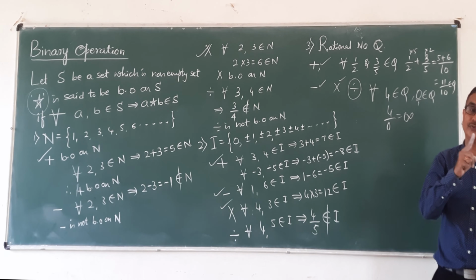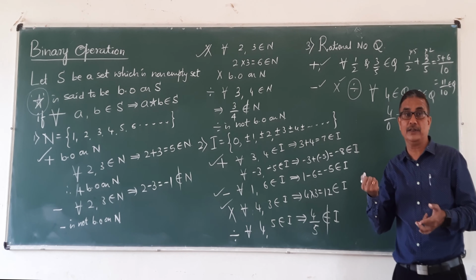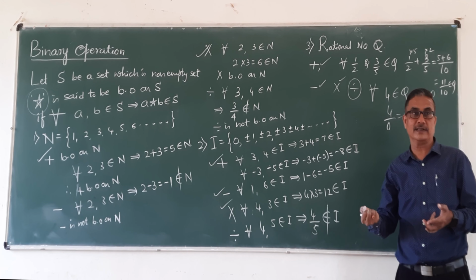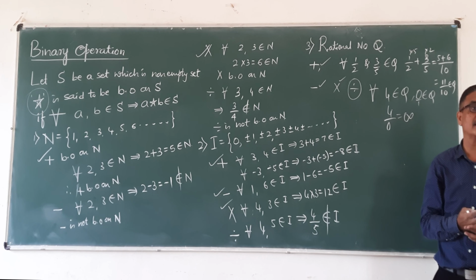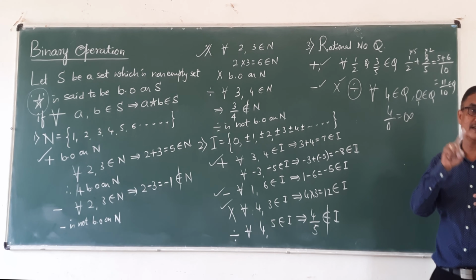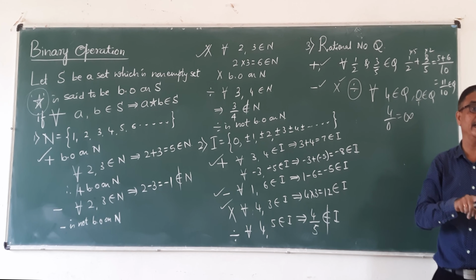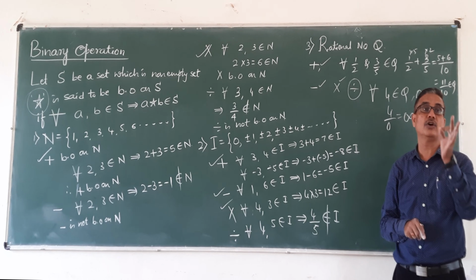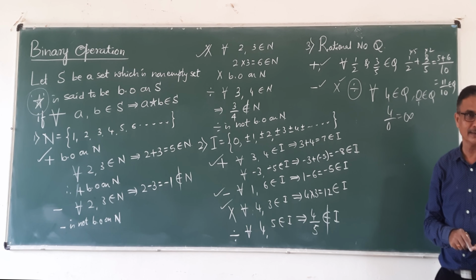Whereas on the set of rational numbers except 0, all 4 operations are satisfied, namely addition, subtraction, multiplication and division are binary operations.